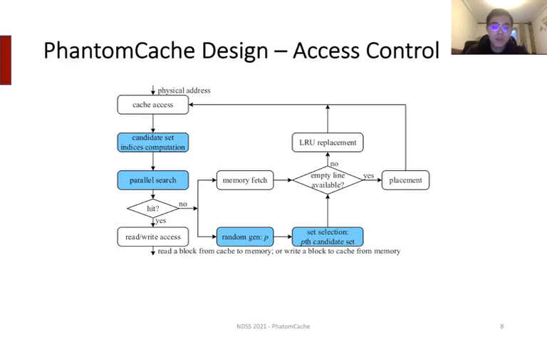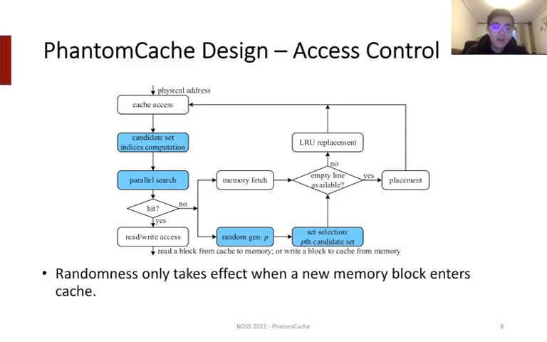If a cache miss occurs, the corresponding memory block will be fetched from the memory, and a random number P is generated. The P is used to select a candidate set index, and put the corresponding memory block to that set following some replacement policy.